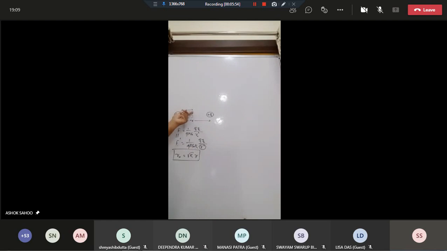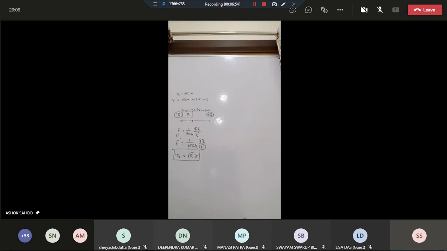This is the thickness of the dielectric X, so its equivalent in vacuum will be root K times X. Now the effective distance from here to here is the equivalent part in vacuum, and the remaining part in vacuum is R minus X. So the total separation between the two charges is R naught equal to root K X plus R minus X.